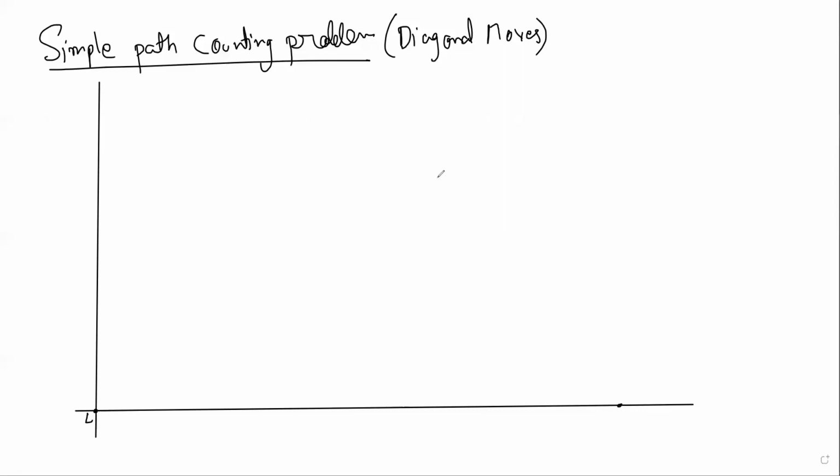But today, let's say I change this and ask the question: number of paths from 0 comma 0 to, let's say, 7 comma 9, with diagonal moves, with northeast and southeast moves.